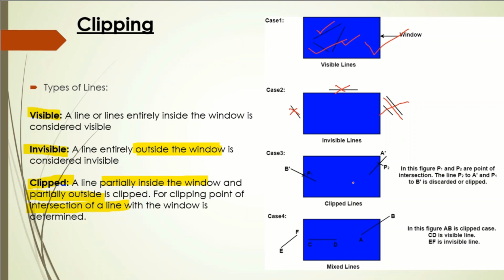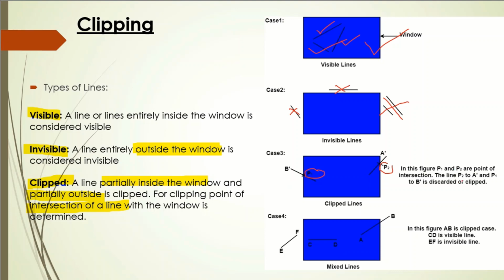Case number 3. In this figure, you will see that the points P1 and P2 are the points of intersection. This one is P1 and this one is P2. Intersection here means the point that lies in between the clipping window and the line that is outside of this clipping window.